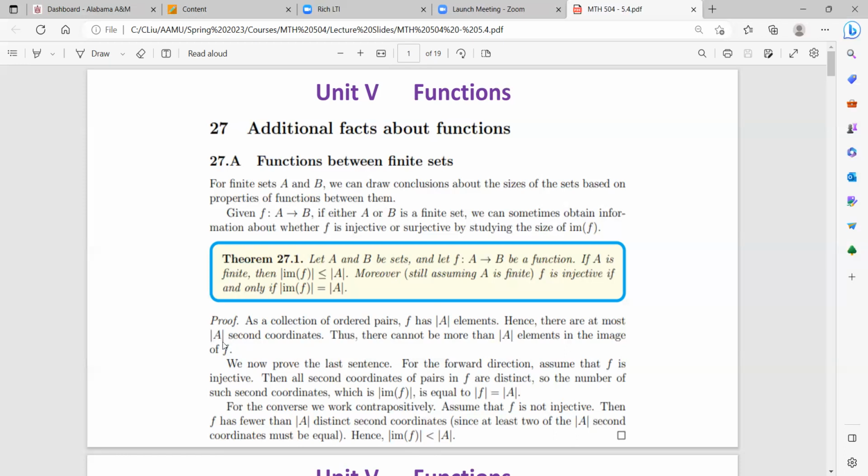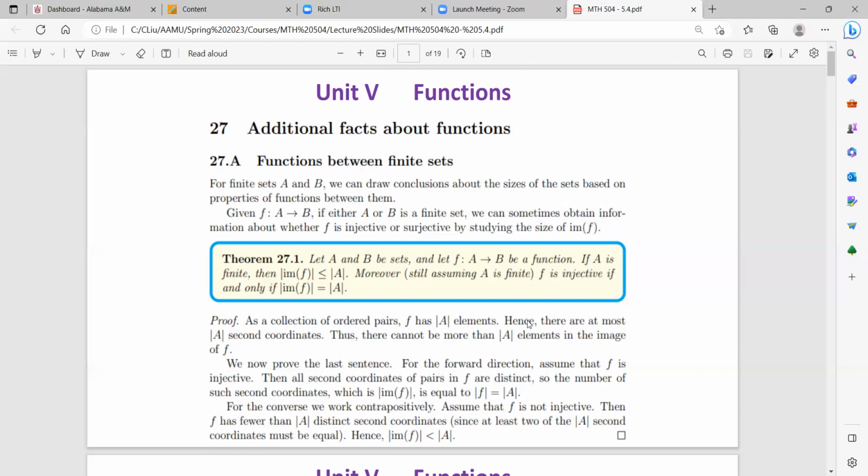So you have size A elements, or all the pairs, and then you have at most the same number of second coordinates. Sometimes you may have repeated second coordinates, then it will be less than the size of A, right?